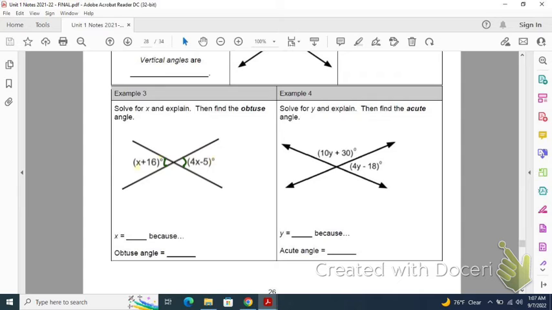That means you can set these two angles equal to each other by the definition of vertical angles. I'm just going to write this for your guys' reference. Vertical angles. X plus 16 is going to equal 4x minus 5.